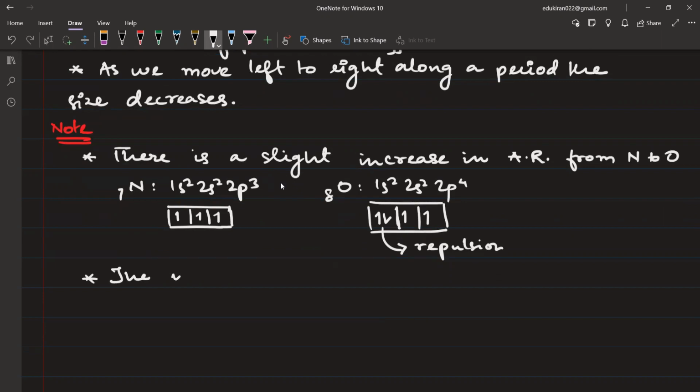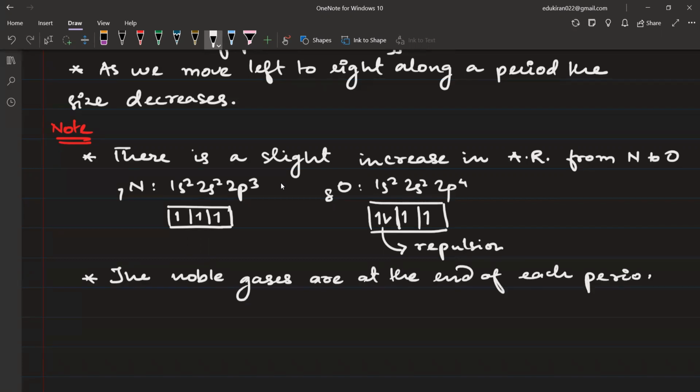The noble gases are at the end of each period, but they don't have the least atomic radius.